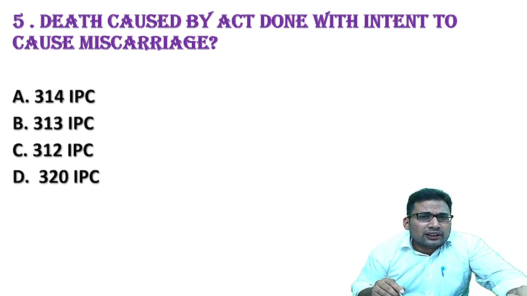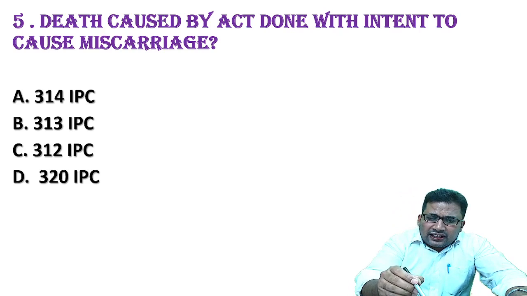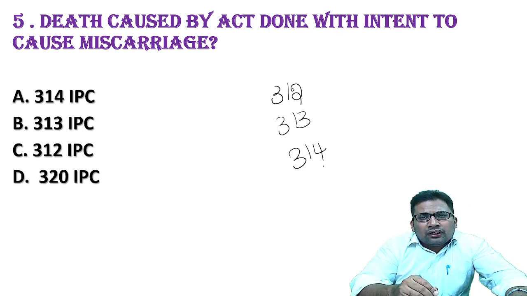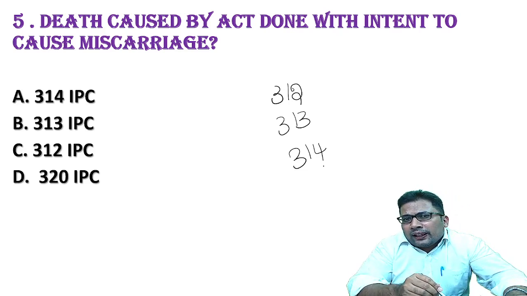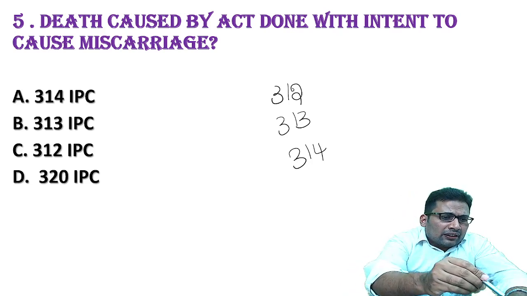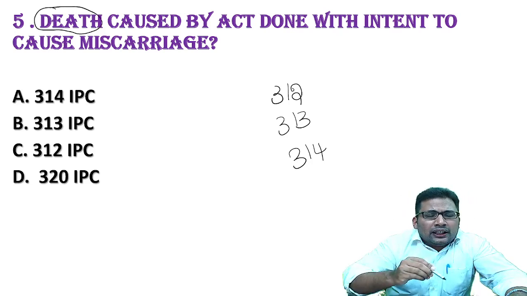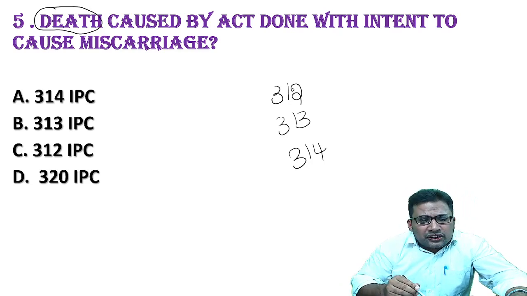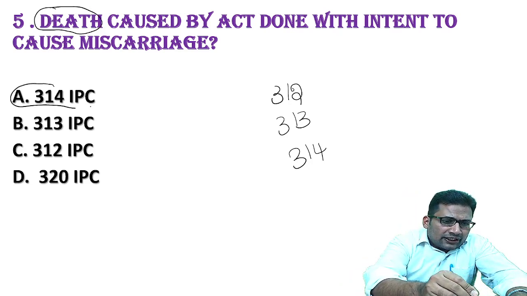Criminal abortion is a punishable offence under the section 312, 313, 314. So 312 to 314, they are related to criminal abortion. Here death is given. So death of the pregnant while doing criminal abortion, then it is punishable under 314 IPC, correct answer. So this is the correct answer.